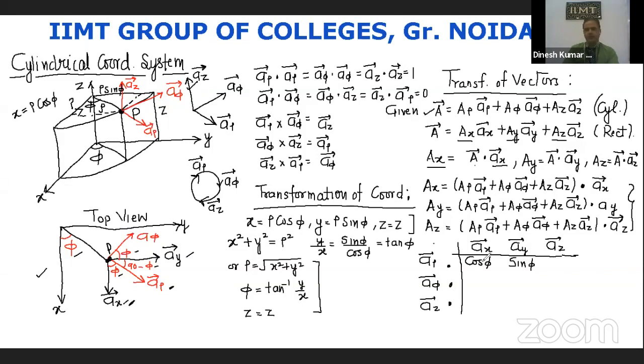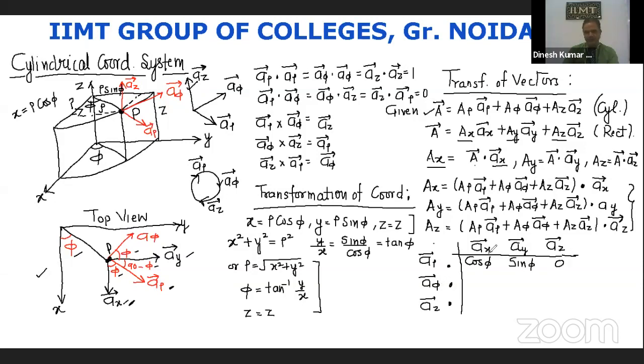Okay, next is a rho and az. A rho you can see, but az is not seen, as I told you earlier, because you are looking at its top view. So az is coming towards you. You can only see a point. But obviously the angle between a rho and az is 90 degrees. So cos 90 is 0. So here it is 0.